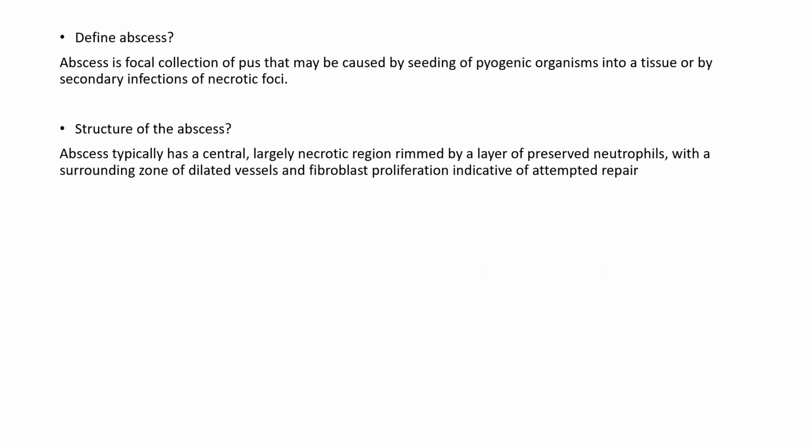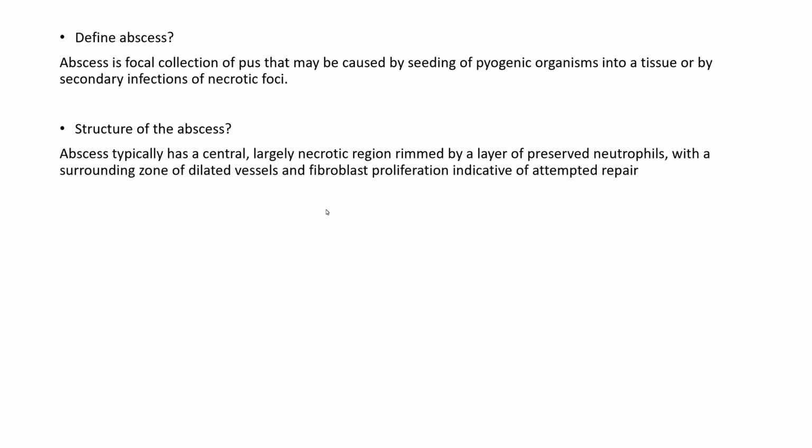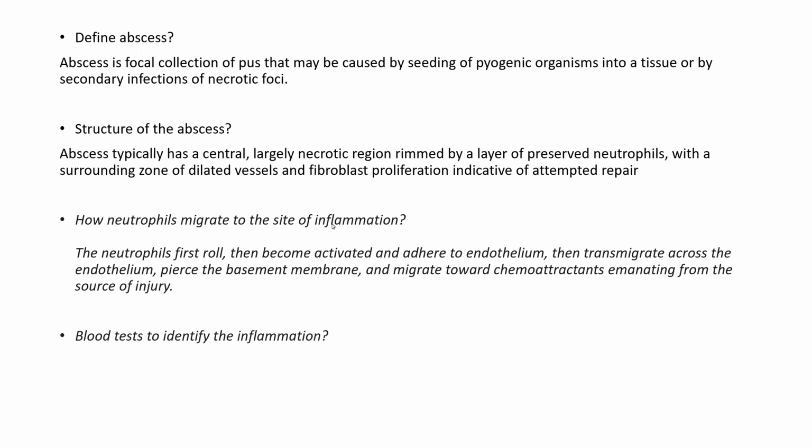How do neutrophils migrate to the site of inflammation? Firstly, the neutrophils roll, then they are activated, and then they adhere to the endothelium, then transmigrate across the endothelium and pierce the basement membrane, and then migrate toward the chemoattractants released by the injured cells.